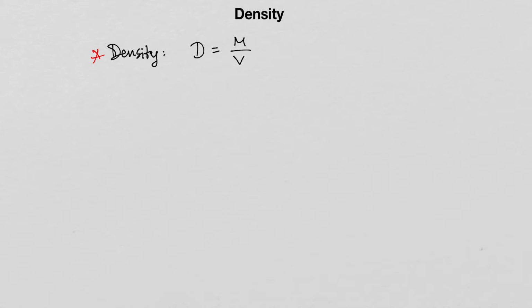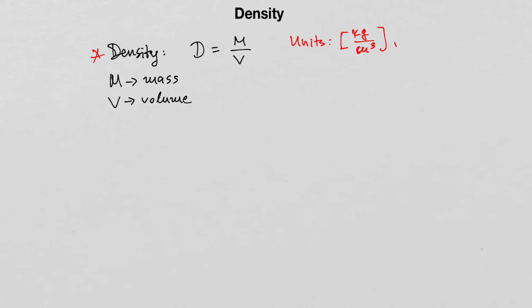So M is mass and V is volume. There are several acceptable units for density. However, in the metric system, the base unit will be kilograms divided by cubic meters.